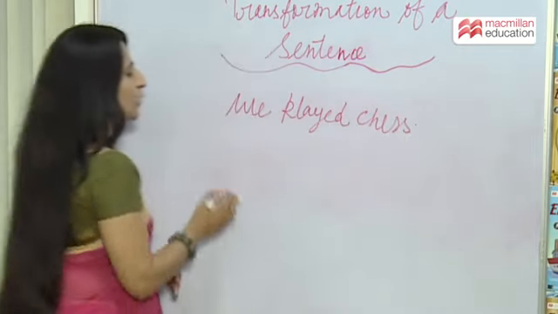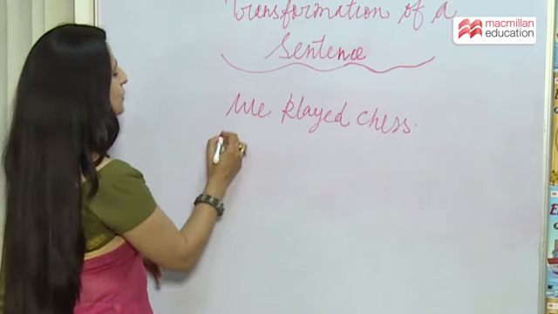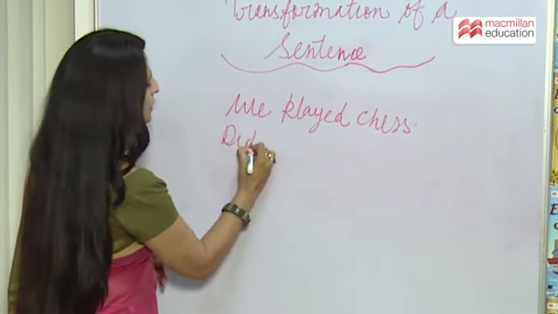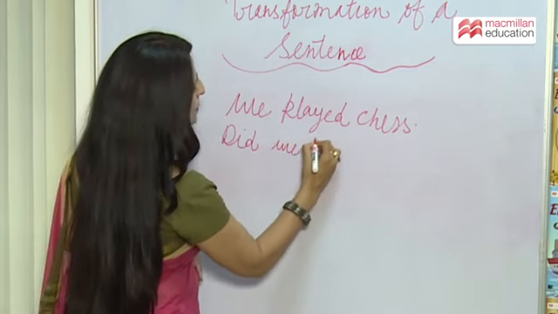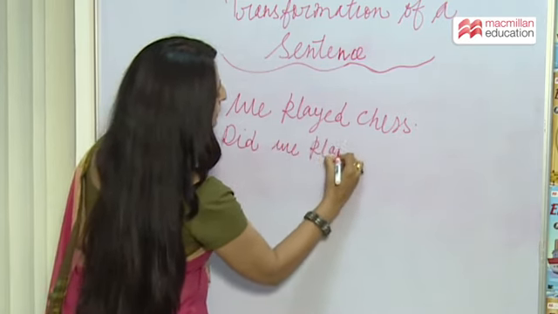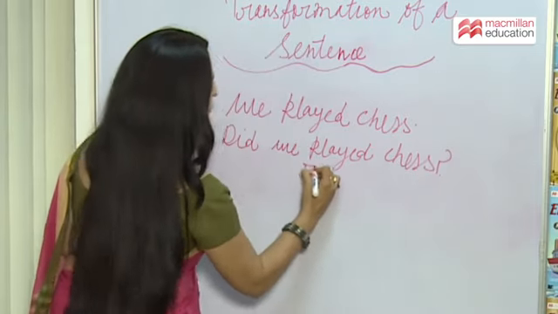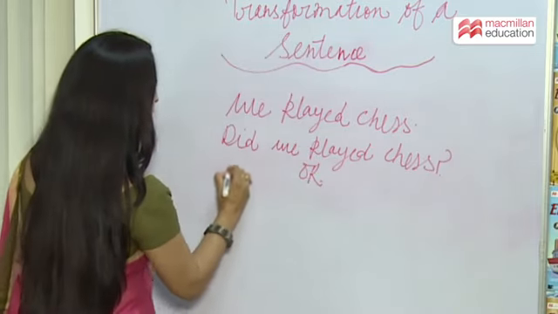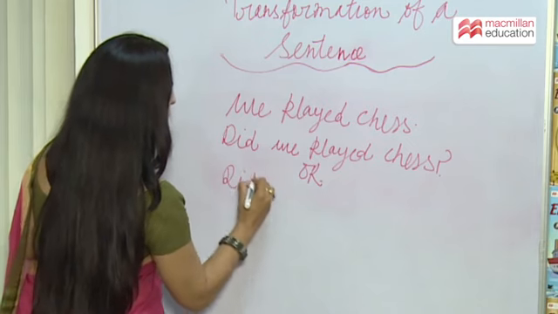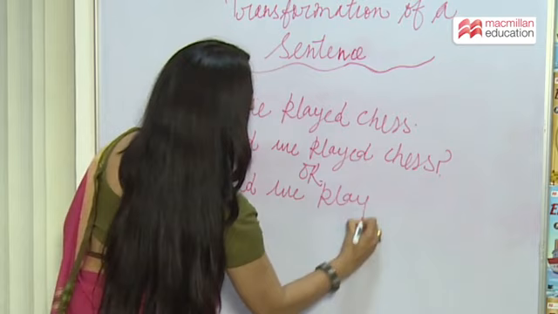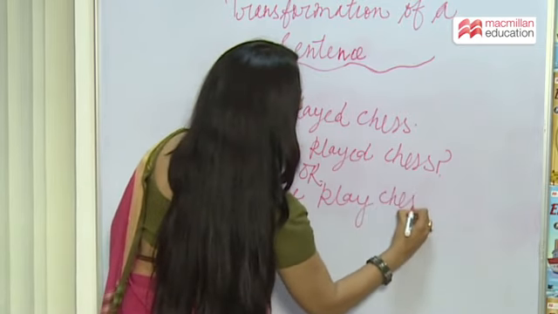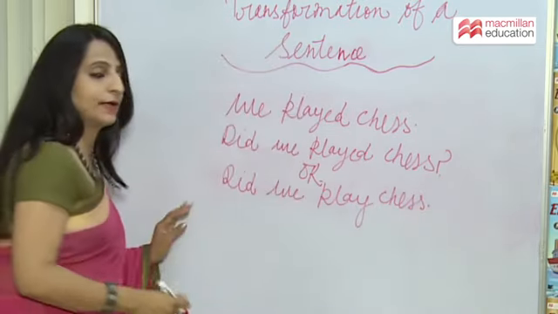Now, if I have to change this statement into a question, should I write, did we played chess? Or it should be, did we play chess? Tell me which one is more appropriate, or which one is correct rather.